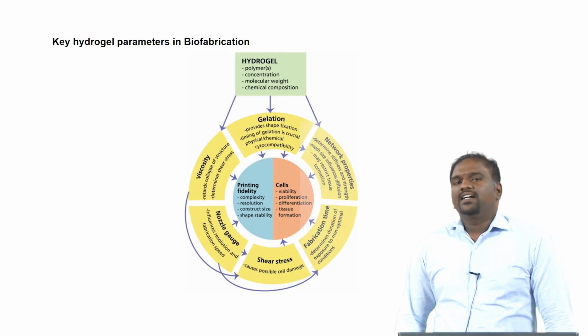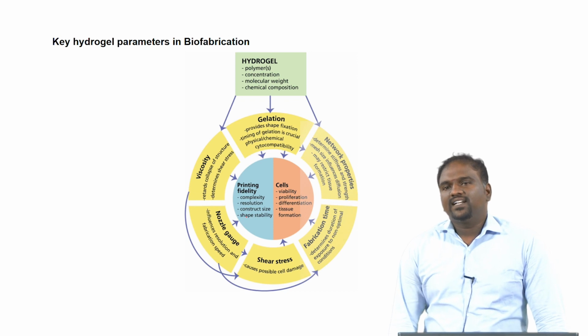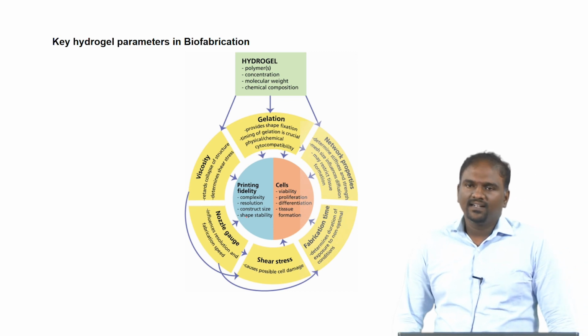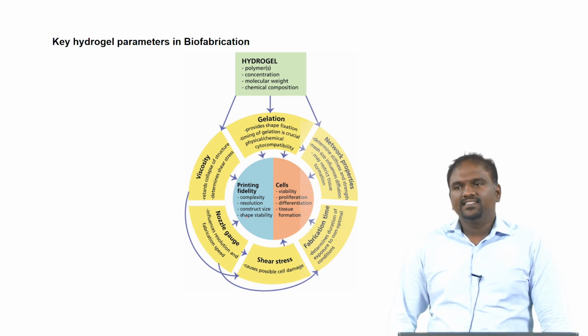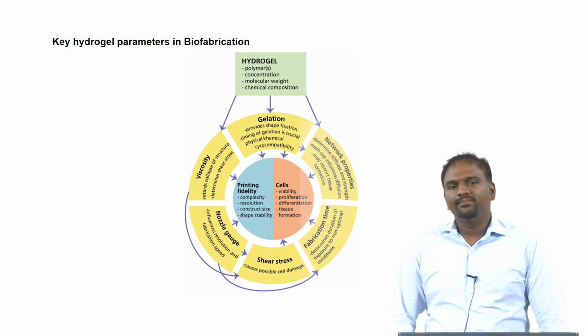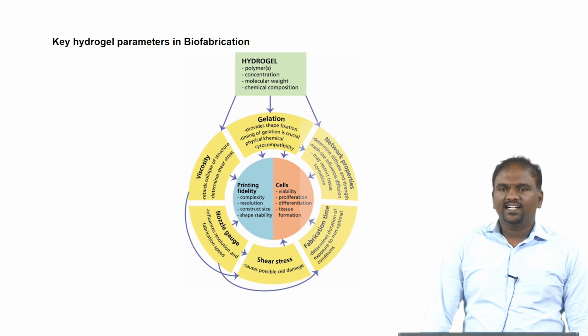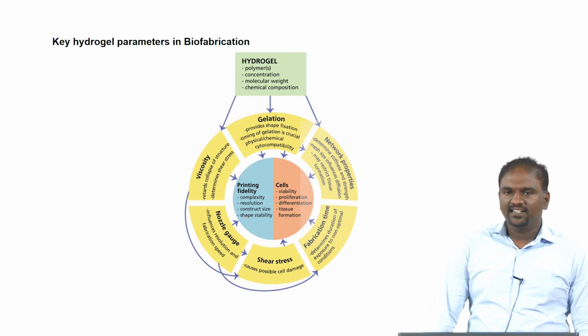As we know, the hydrogels we are going to make need to be biocompatible. But biocompatibility and gelling nature alone will not make them useful for biofabrication. There are certain criteria that need to be considered.